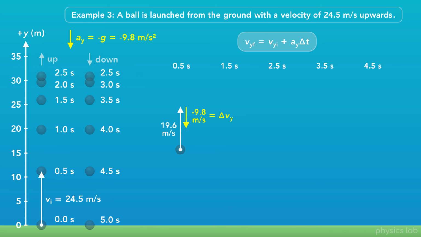If we add these two vectors tip to tail, the resultant vector is 9.8 meters per second upwards, 19.6 minus 9.8. This is the velocity vector of the ball 1 second later. Again, the vector changes by negative 9.8 meters per second, so 1 second after that, the velocity is 0. We keep adding this downwards vector each second, so the velocity vector starts pointing down and gets longer.